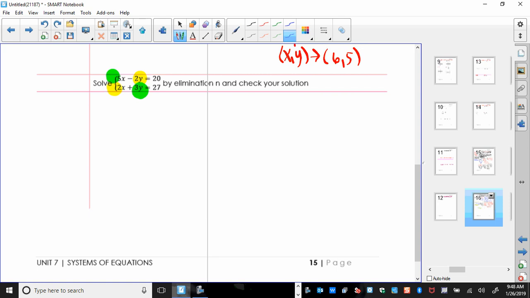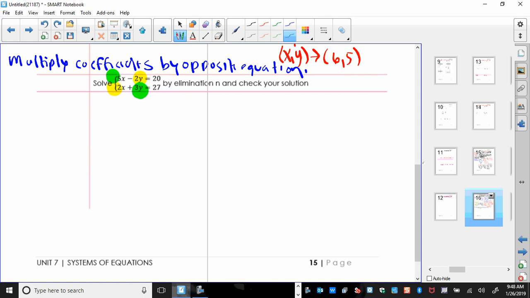This is a process where we're going to multiply coefficients by opposite equations. Listen to that language. Multiply coefficients by opposite equations. So the coefficients I'm working with are -2 and 3.